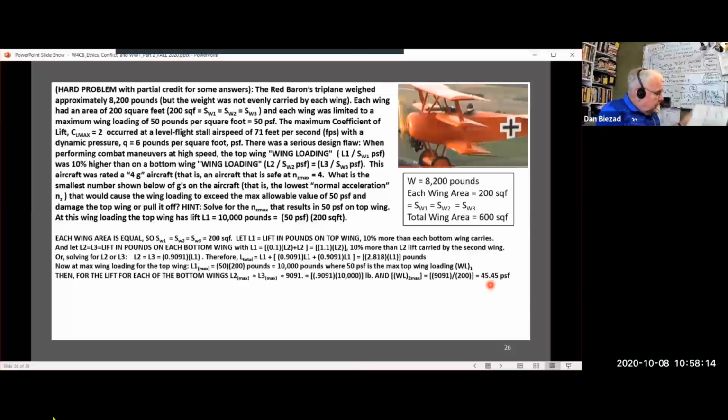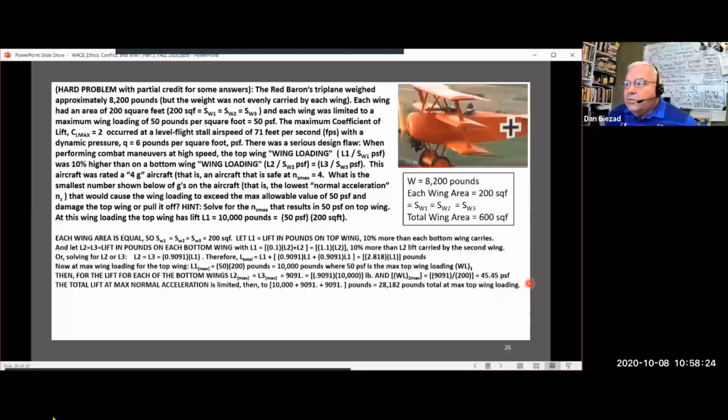Okay. Notice I'm just using the same simple equation that we've used all the way through the class. I'm just showing you how you would apply it to a particular problem. So the total lift for all three wings, 10,000 plus 9,091 plus 9,091, L1, L2, L3, is 28,182 pounds.